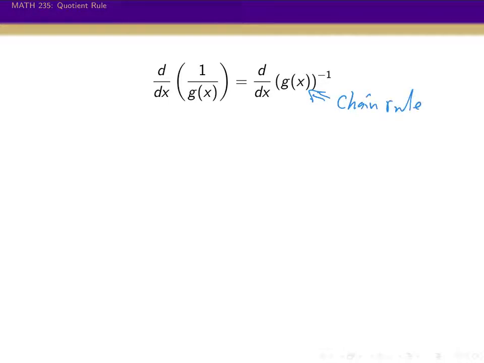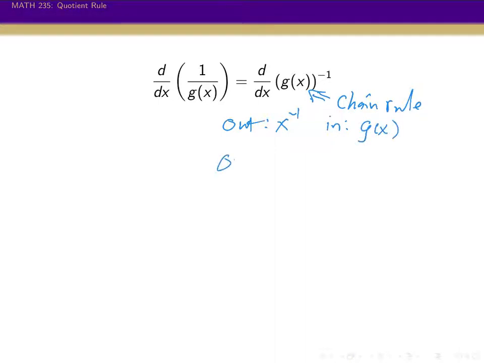And so we have to think about what our outside function is and what our inside function is. So our outside function, what's happening to g of x? Well, it's being raised to the minus 1 power. So our outside function is x to the minus 1. Our inside function is just g of x.